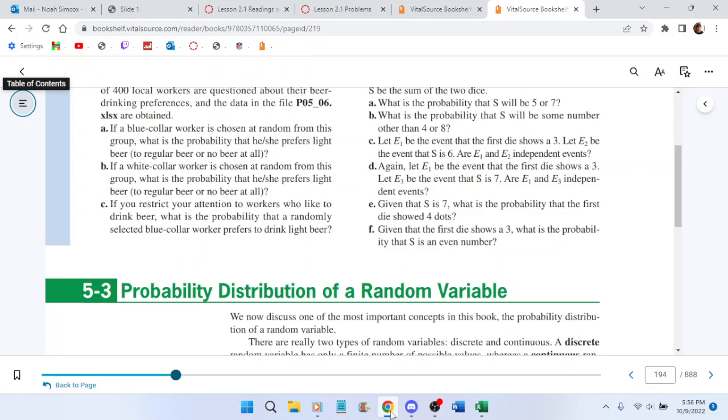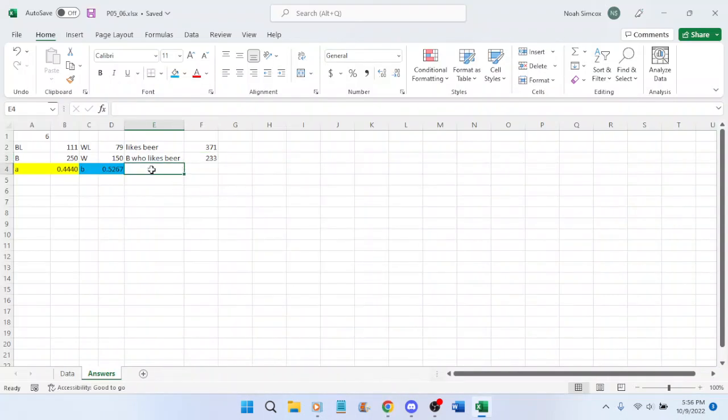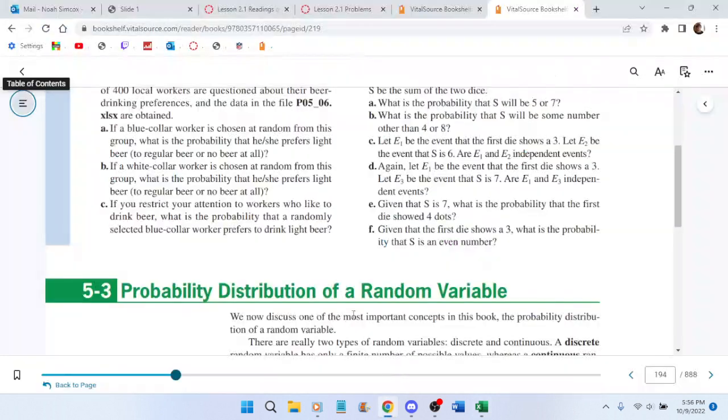Blue-collar workers who like beer. We already calculated that as 111. Wait, so which number is extra that we don't need? The 371, we don't need that because we're not looking at the entire population. We're only looking at the blue-collar workers who prefer light beer.